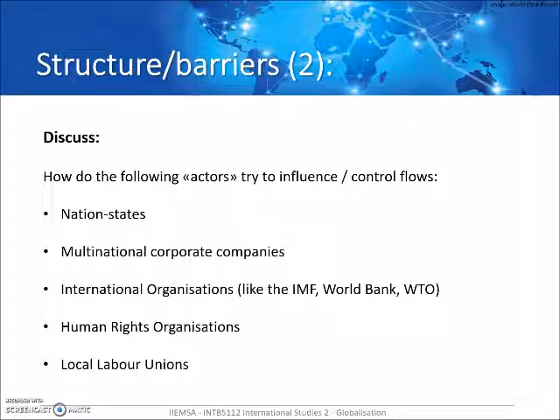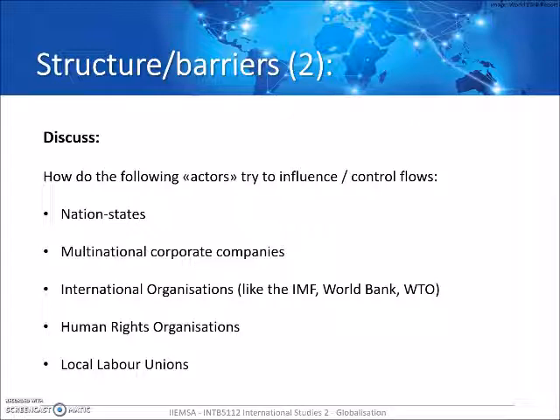Multinational corporate companies, on the other hand, are companies that are based in many countries. Usually they benefit from free flows. They want to be able to get the best experts from all around the world. They want to get resources from the countries where the resources are and ship them to the country where they have the lowest manufacturing costs. They want to get workforce in from other countries.